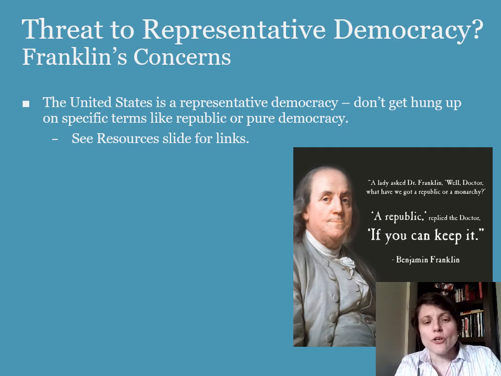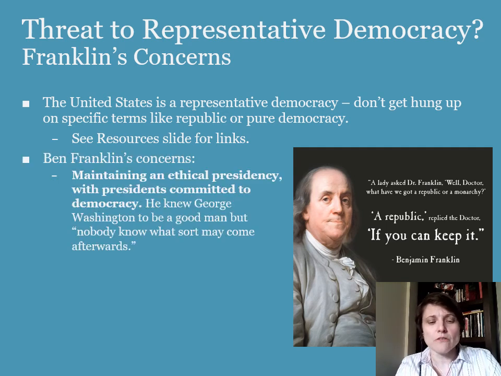You've probably heard that Ben Franklin said that the founding fathers gave the people of America a republic if we could keep it. And this is often viewed as kind of a pithy comment, but Franklin was expressing real concerns about the balance of power and whether these three co-equal branches of government would actually respect each other's authority. Franklin knew that the first person to hold the presidency, George Washington, was a good person, but he worried about what might come afterwards.